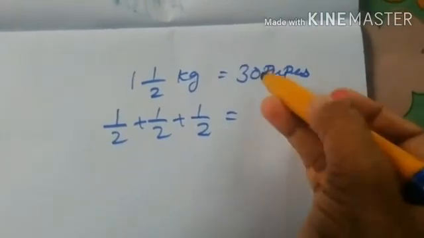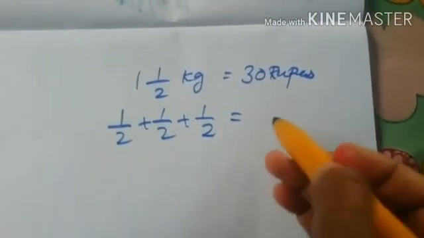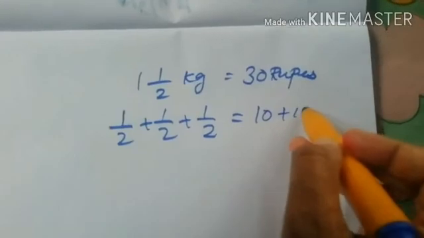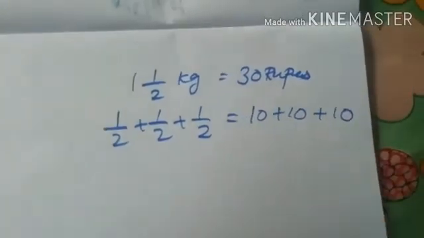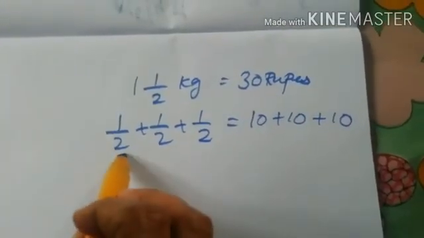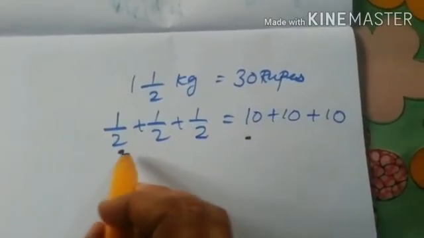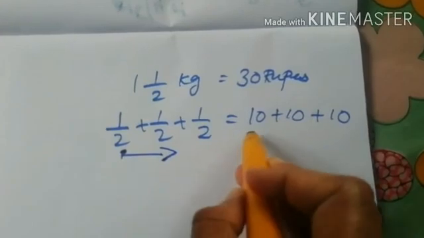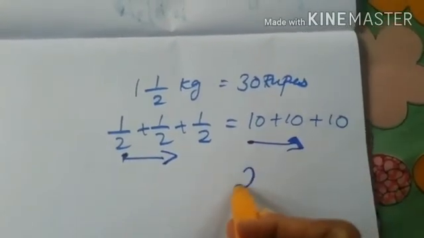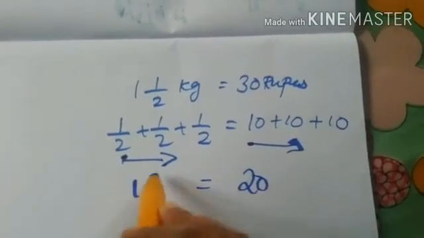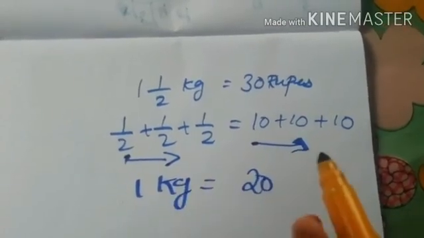Okay. Then 30 should be equally divided into 3 parts, that is 10 plus 10 plus 10. So, half kilogram of tomato is 10 rupees. Then 1 kilogram of tomato should be 20 rupees.